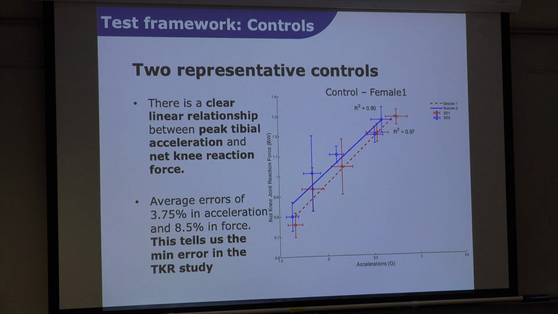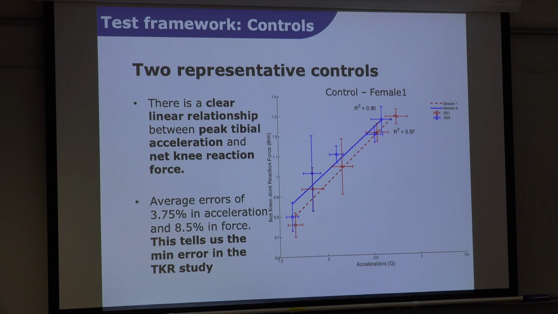So this is the first female control. We've got the accelerations in G's on the X and the net knee reaction force on the Y in body weight. Here we've got session 1 in red dashed and session 2 in blue solid, with the standard deviations in the respective colours.